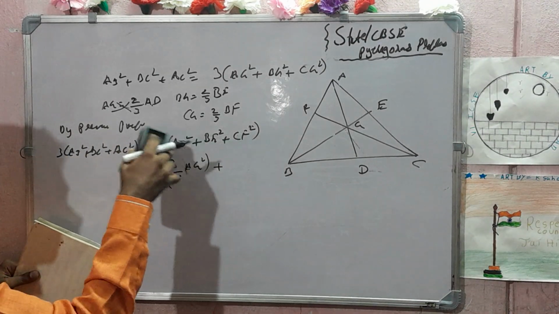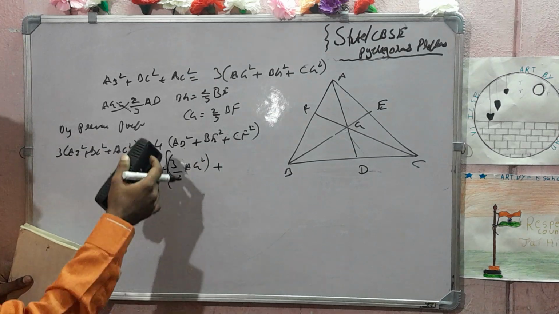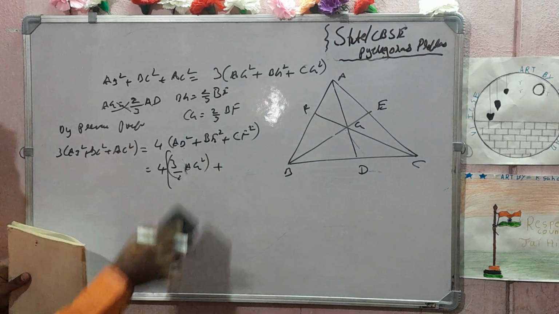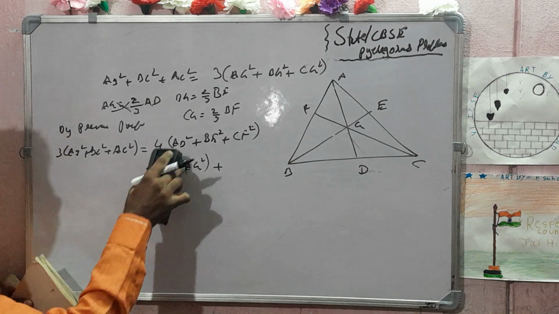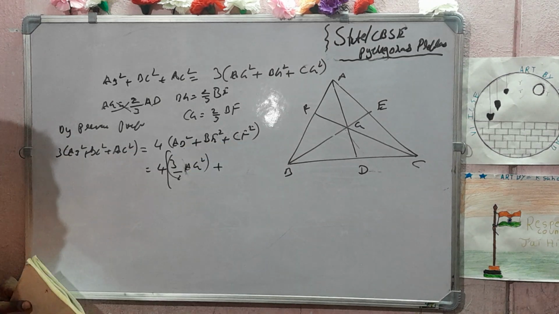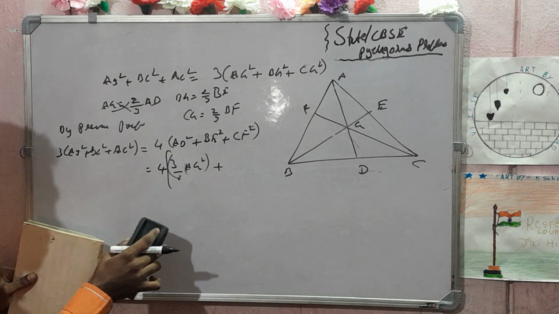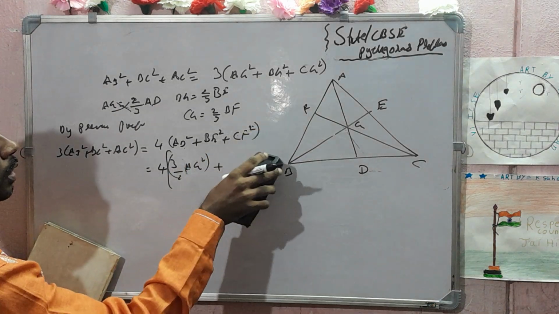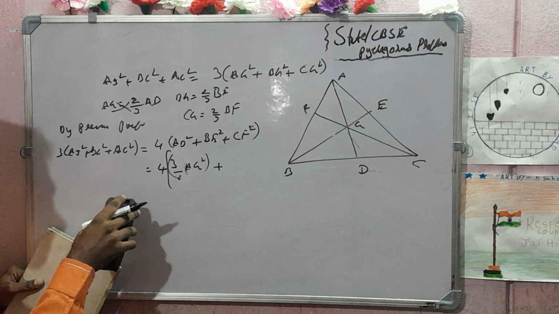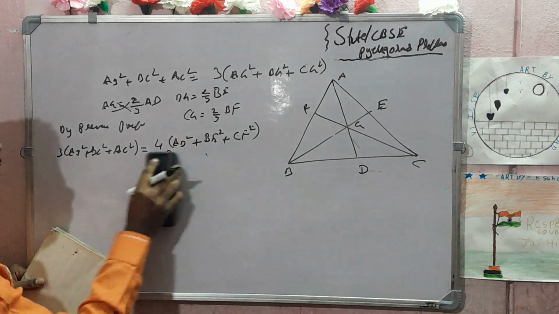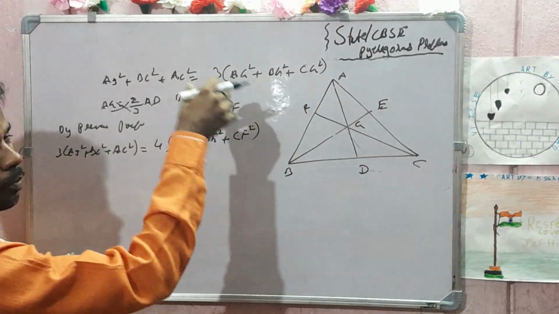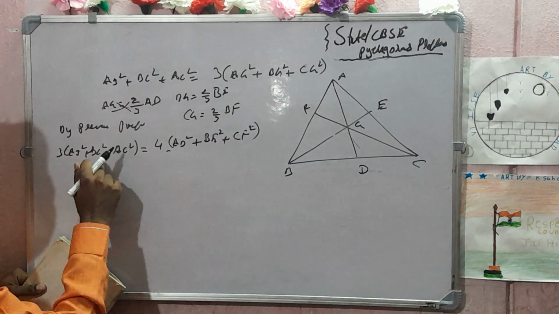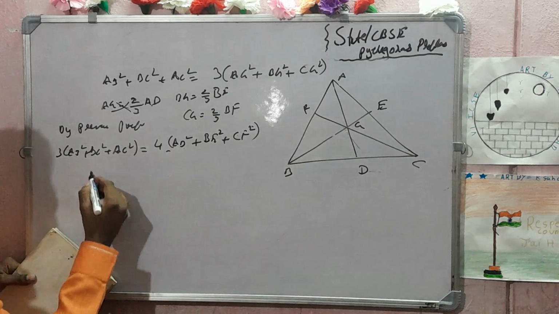Since we have proved that, or else if they give this problem in examination, you should completely write the previous problem, then only you have to proceed. Don't write 'from previous problem' like that, they will cut the marks. Since I have done it already in the previous video, that's why I am writing this step directly. But in examination, if they give this one, you have to prove that also.